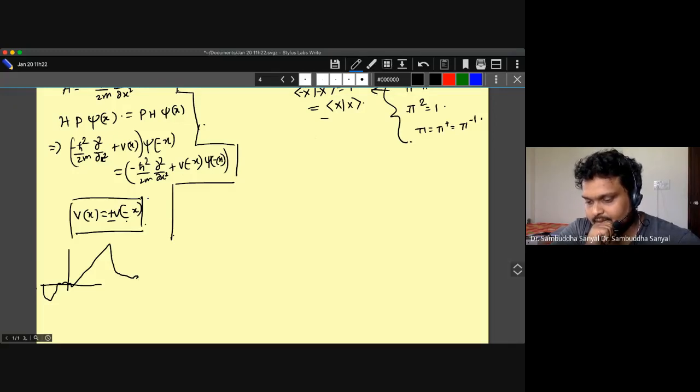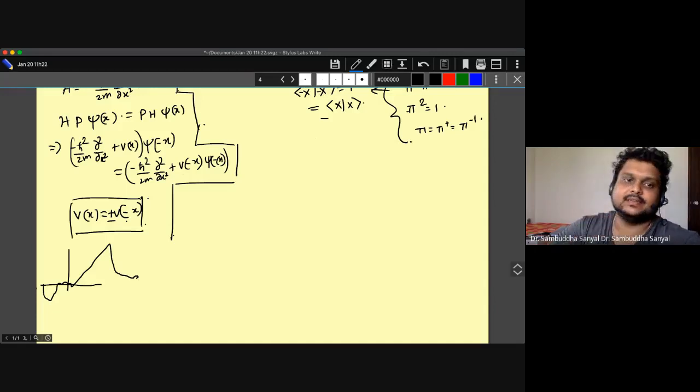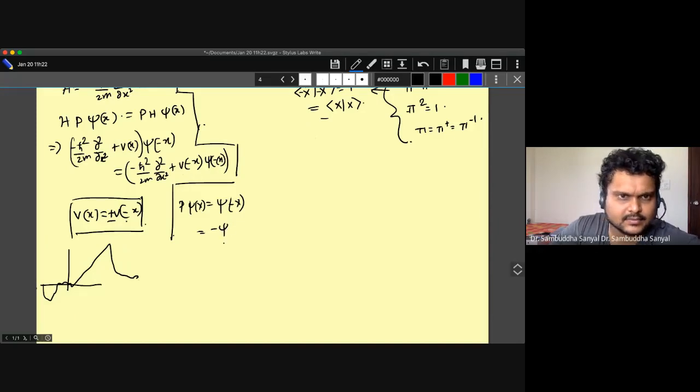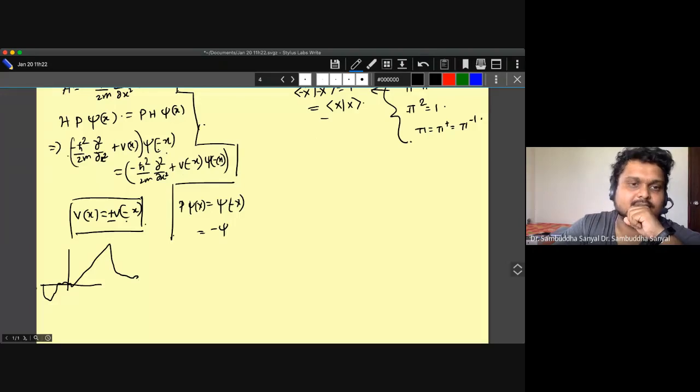If I apply the P on psi x, we will see this in a moment later, this P on psi x can act in two different ways. It can either give you psi of minus x, or it can give you minus psi of x. So is that a difference? No, that will not even create a difference, because then this psi and this minus will be overall minus, right?